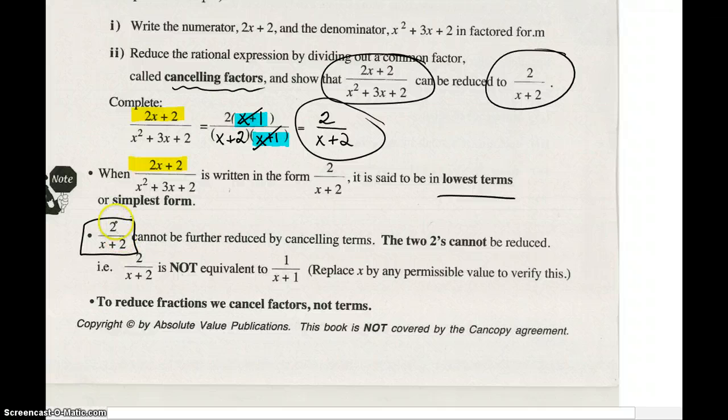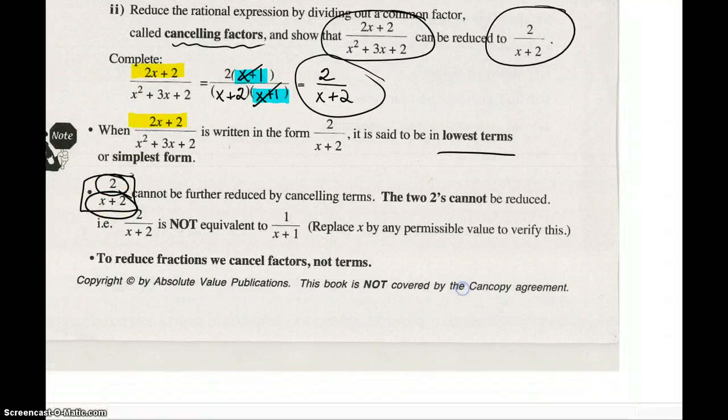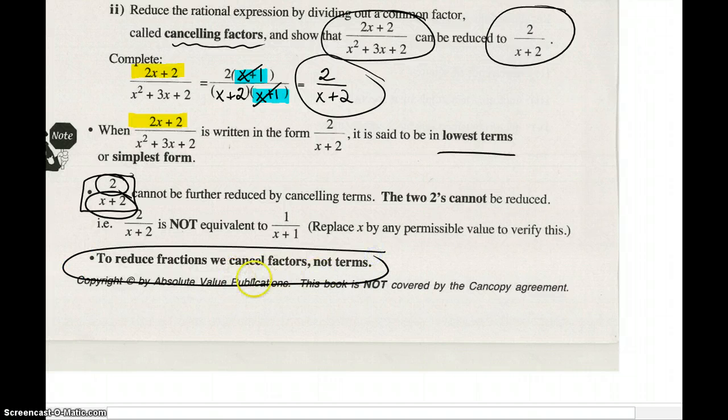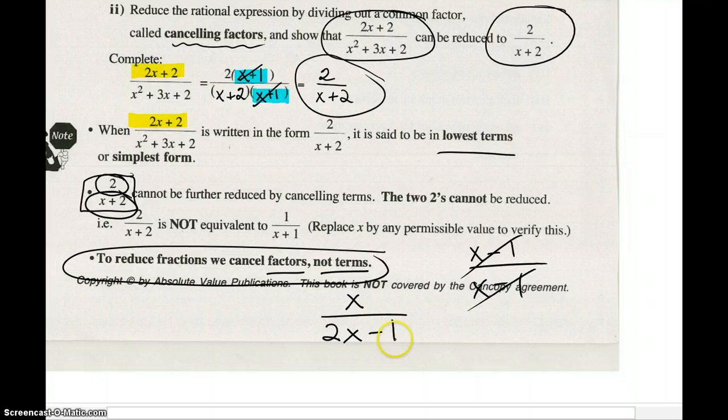So what I want you to recognize is we can cancel out factors, but we can't cancel out just variables that are in the bottom and on the top. We must reduce fractions. We have to cancel factors, but not actual terms. So yes, I can cancel this out. That's okay, but I can't cancel this out. They are not the same. Good. All right, so let's continue on.